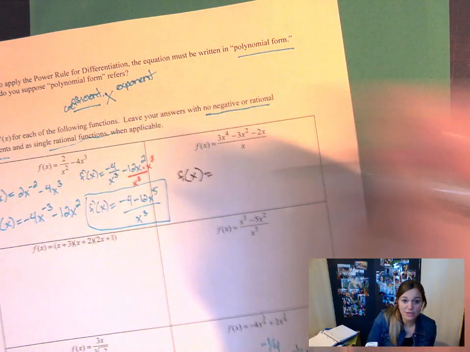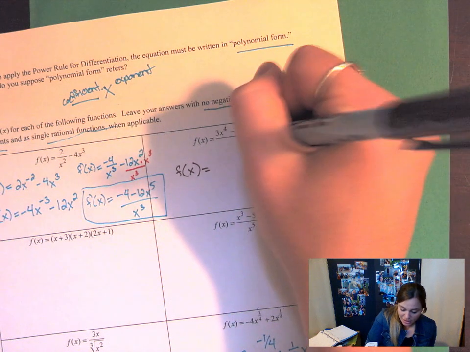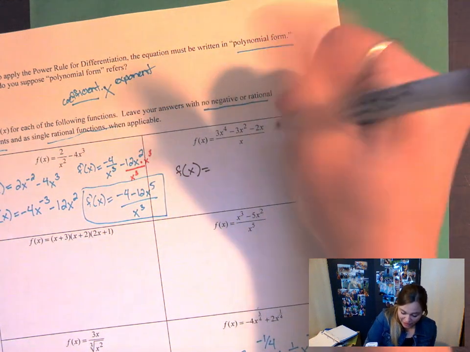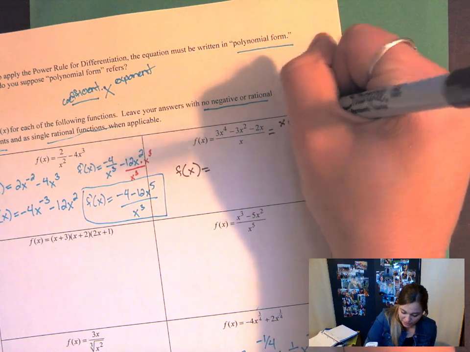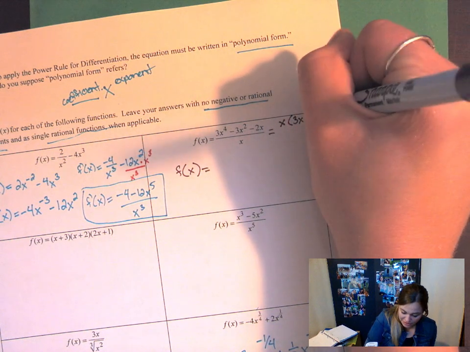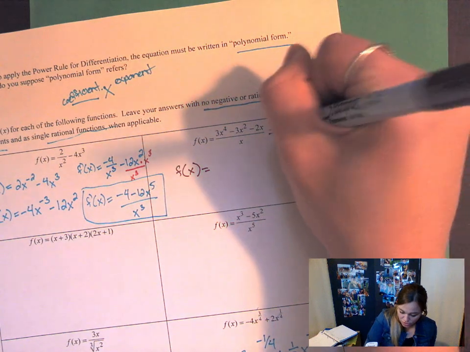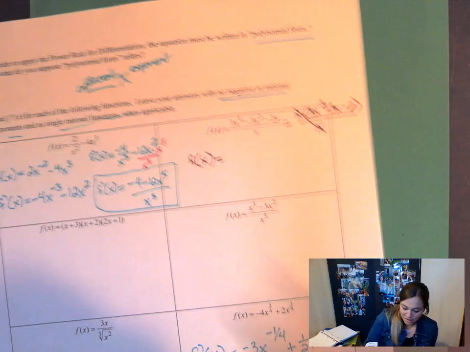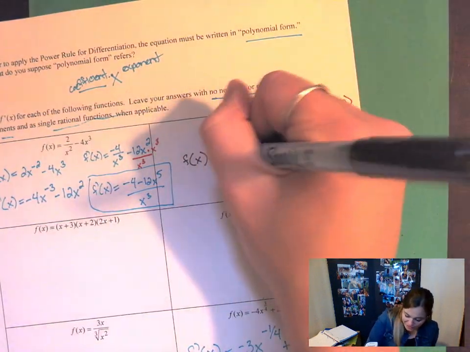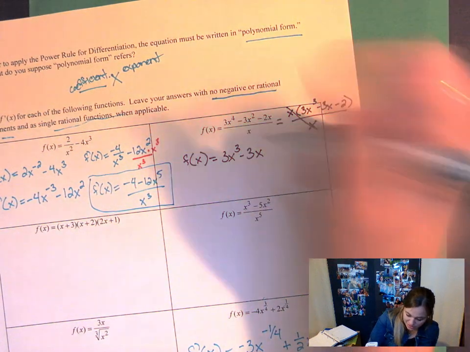Okay, so to talk through this, just in case you came back to this part and needed this one, f of x, in all of these, I could divide by x. And so what I'm going to do is I'm going to factor out an x from the numerator. And I have 3x to the third minus 3x minus 2. And if I do that, I can see the x just goes away. And I have 3x to the third minus 3x minus 2.